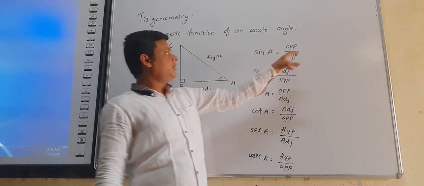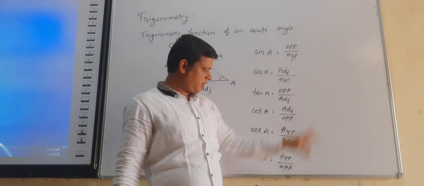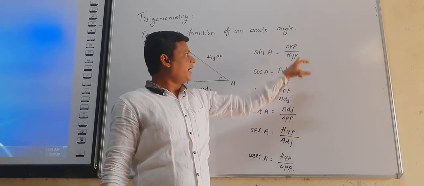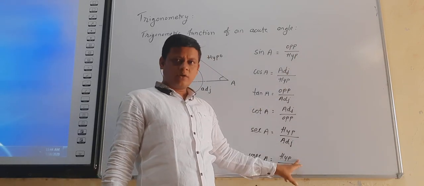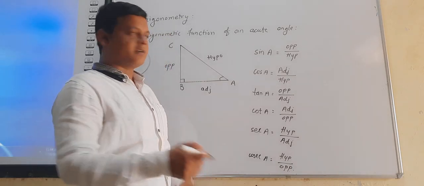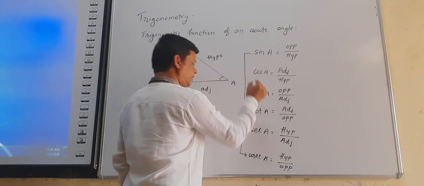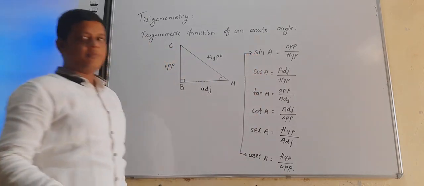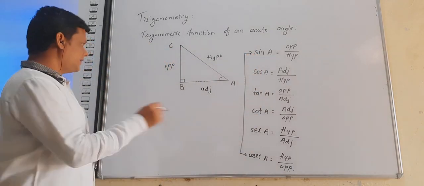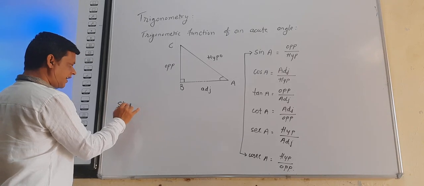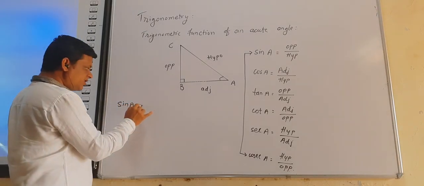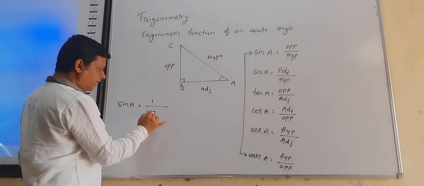That means here numerator in place of denominator and denominator in place of numerator. So we make the pairs. So make the pair of sine ratio with cosec ratio. From this we get one formula, that is sin A is equal to 1 upon cosec A.